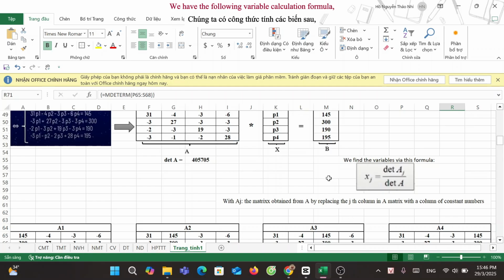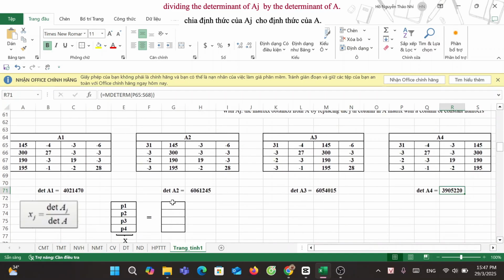We have the following variable calculation formula, where Aj is the matrix obtained from matrix A by replacing column j with the constant terms of the equations. By applying the formula, we find the solution to the system by dividing the determinant of Aj by the determinant of A.